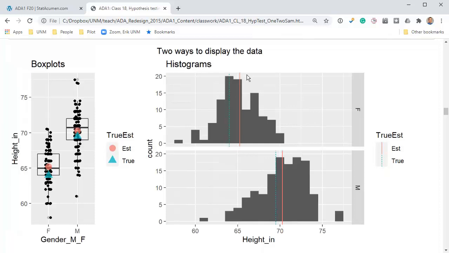We want to know whether for the females, this top one, this estimated mean, there's evidence that the population of UNM students has a mean that's different than the population of adults in the United States. And then you will get to do this again for the males.